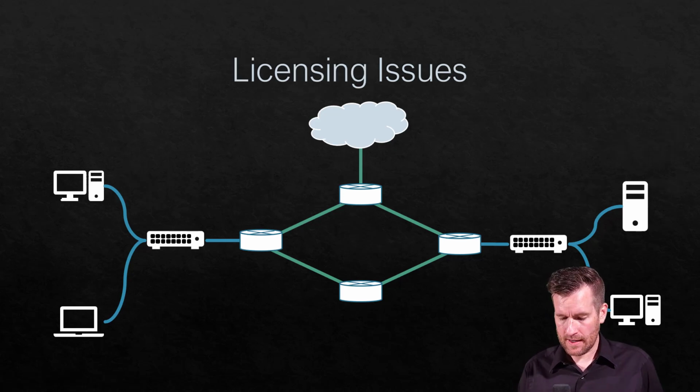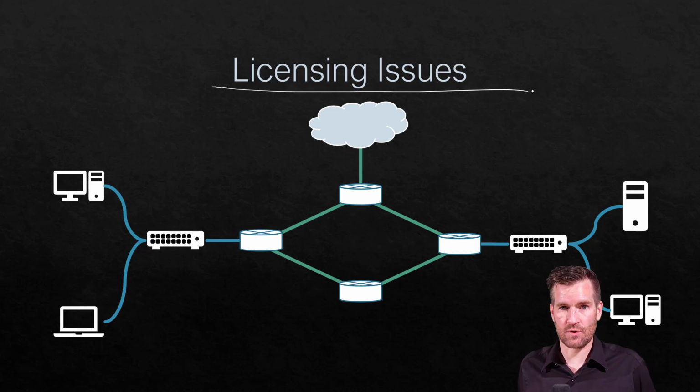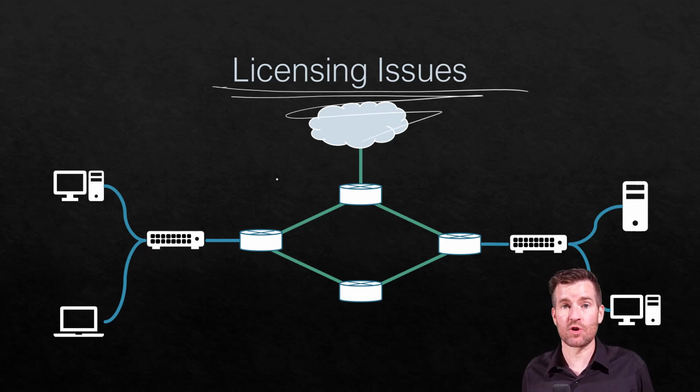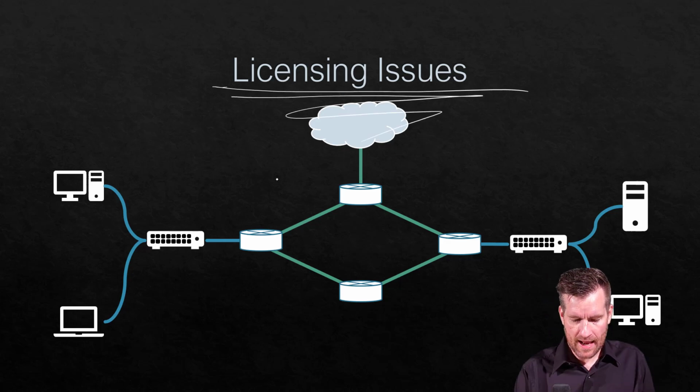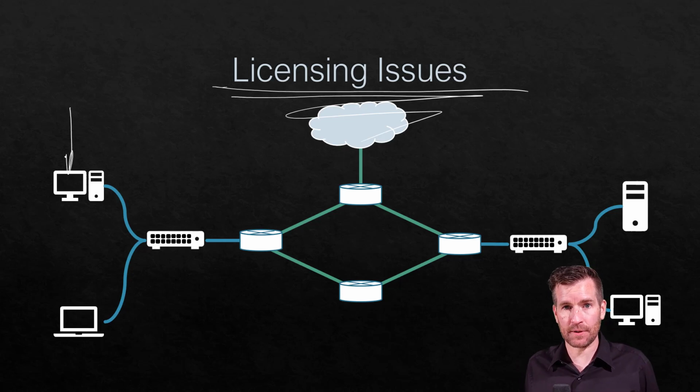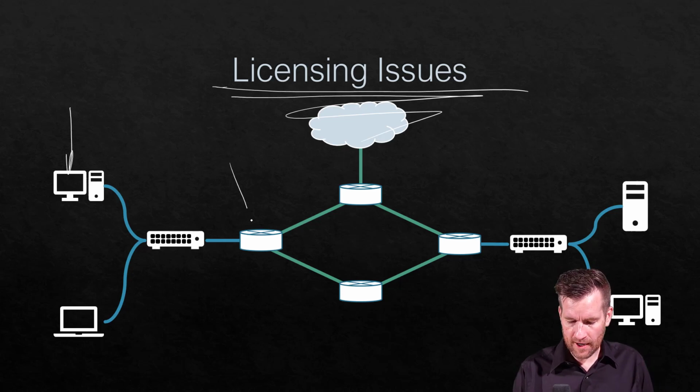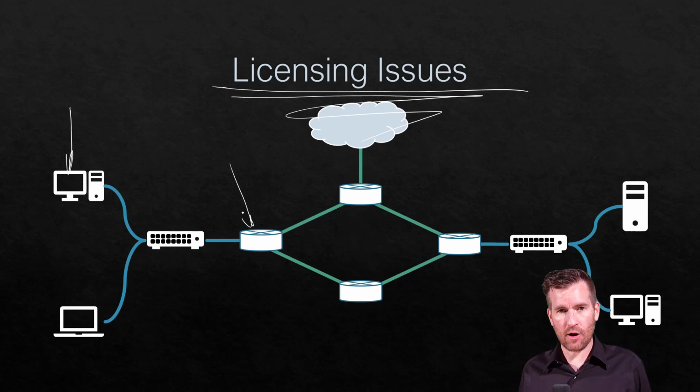Another thing that we can run into is licensing issues. I've run into this in many different forms. Certain software requires you to use a license. It could be licensed to use some sort of application on your computer, or firewalls or routers will be licensed for certain types of services that they offer.